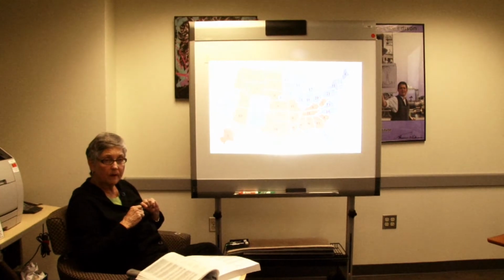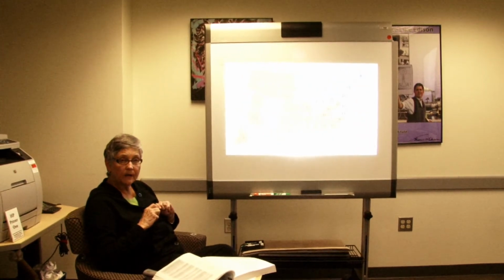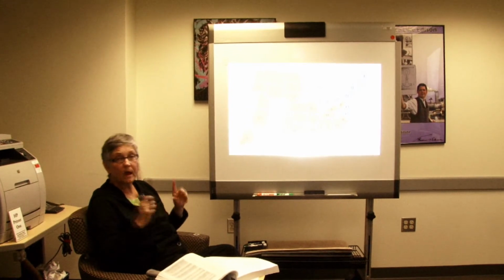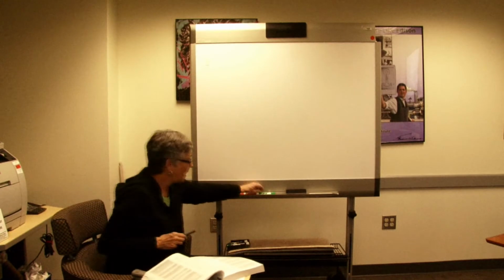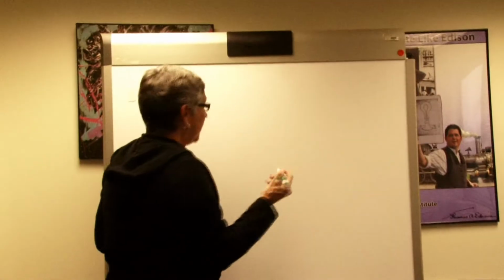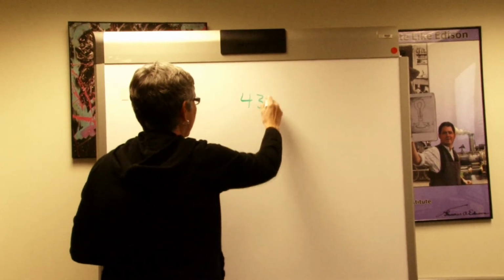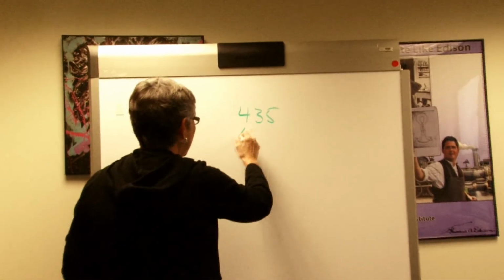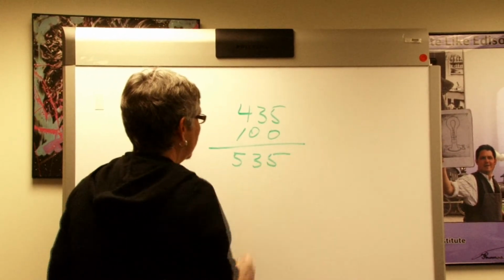Now, the total number of electoral votes, I'll write it down now. Let's turn this off, and I will do some numbers here for you. The total number of votes in the Electoral College is this. There are 435 votes in the House. There are 100 votes in the Senate. That's 535.